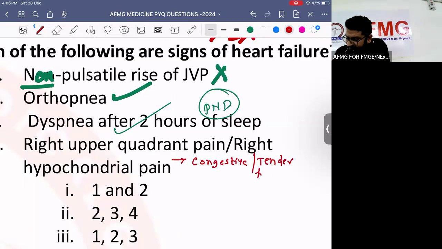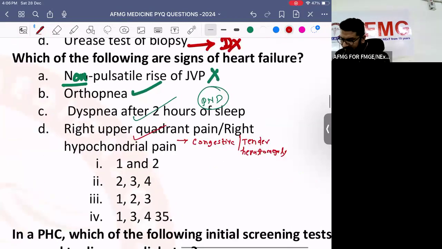The liver is enlarging because of congestion, and that is also a sign of heart failure. And going further, what happens? Ascites. Ascites is also a sign of heart failure. So the answer will be B, C, D, or I can say 2, 3, 4. Done?